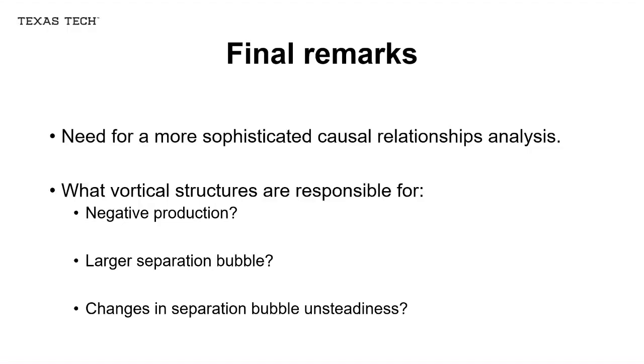We still need a more sophisticated analysis of the causal relationship, particularly to understand why we have negative production, what vortical structures are responsible for it, why we have a larger separation bubble, and why the grooves change so much the unsteadiness of the separation bubble. We will try to improve this analysis and establish those causal relationships. So thank you so much.